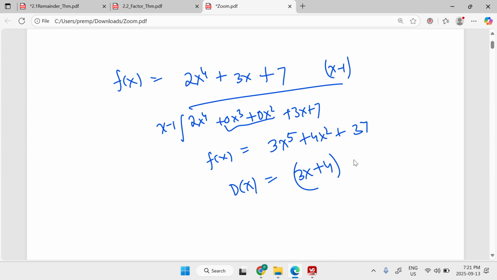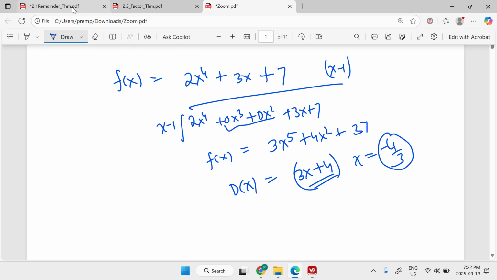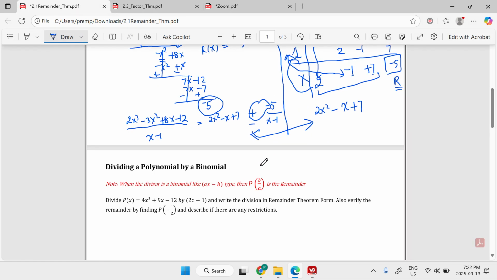So in that case, because if I isolate x here now, x will be equal to negative 4 over 3. So that will be slightly tricky to solve with the help of synthetic division. So in that case, you preferably want to have the long division. Otherwise, it's your choice, unless it is given to you which method you have to use. You can use any method that you want. So these are how we can find division.